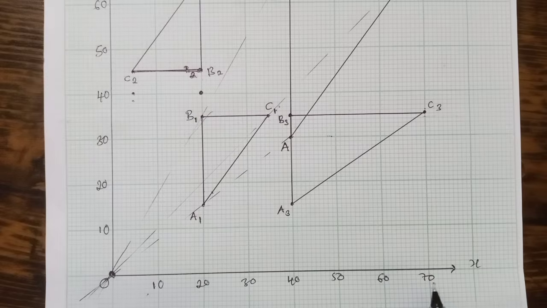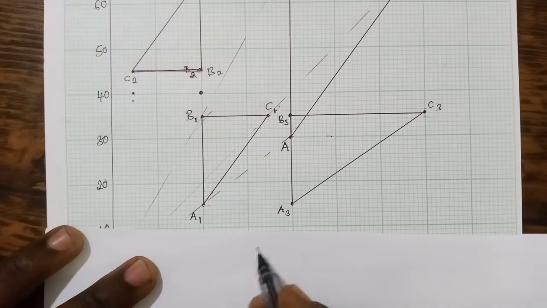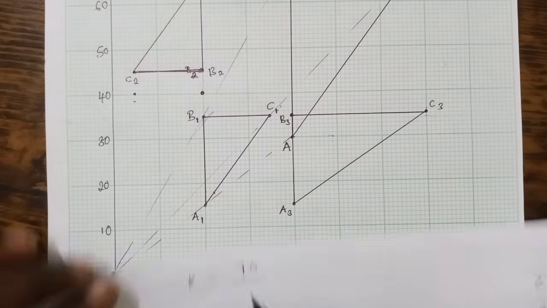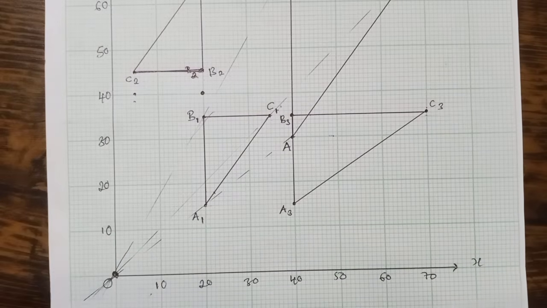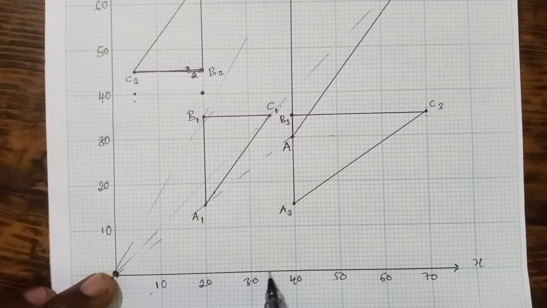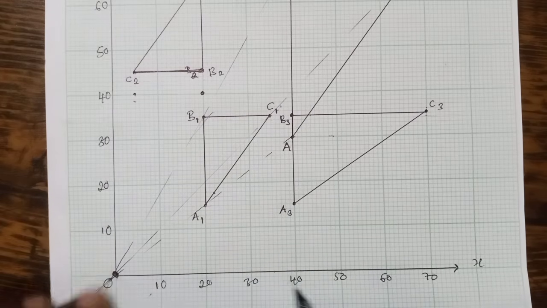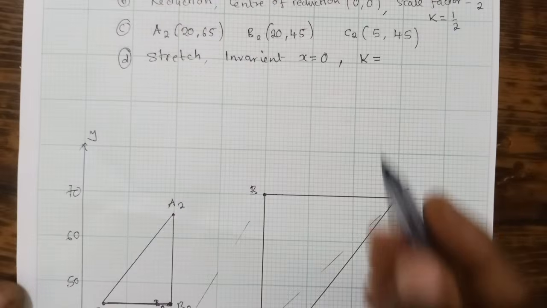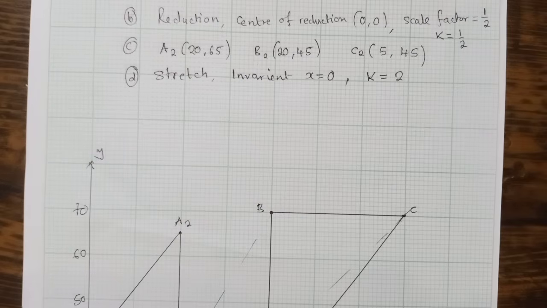So you can say 70 over the distance to the other C. This C is at 35. So 70 divided by 35, you are getting a 2. So meaning our k here is 2. All right. We move to the next question.